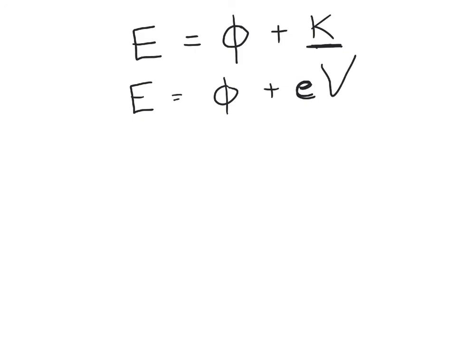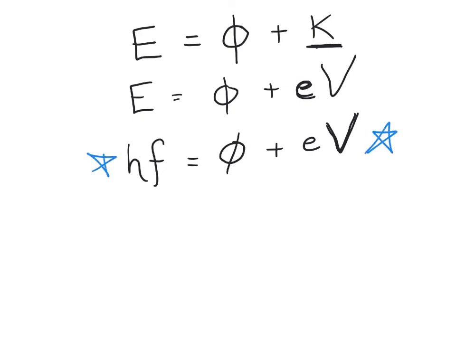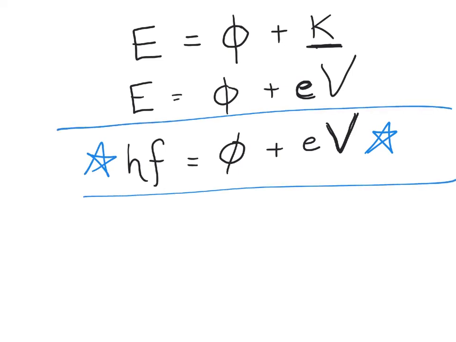So we could write this: the energy from the light, h times the frequency of light, equals the mystery work function, or in some situations they'll give it to us, plus the electron charge times the voltage on your power supply. And this is the beautiful equation that you're going to use for like 85% of photoelectric effect.